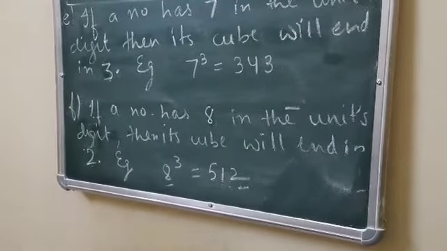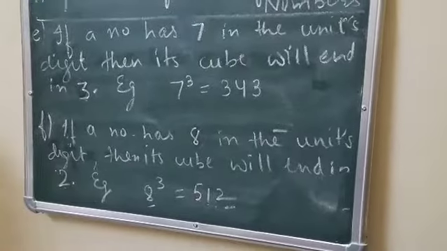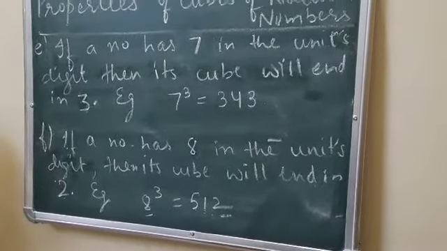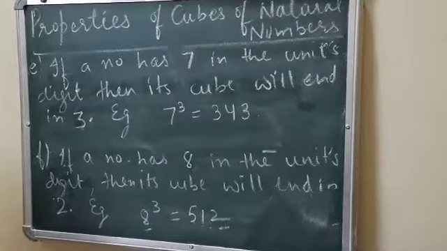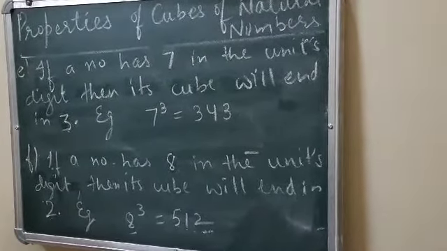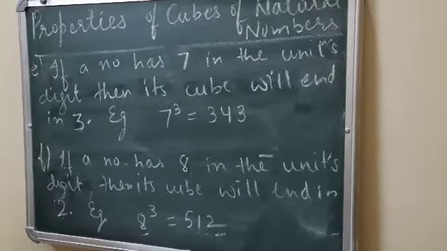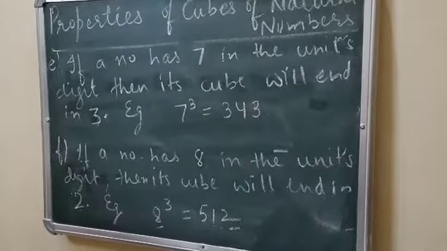So again I am repeating. If your number has 1, 4, 5, 6 or 9 in the unit space, its cube will end in the same digits. That is 1 for 1, 4 for 4, 5 for 5, 6 for 6 and 9 for 9. If a number has 2 in the units place, its cube will end in 8.